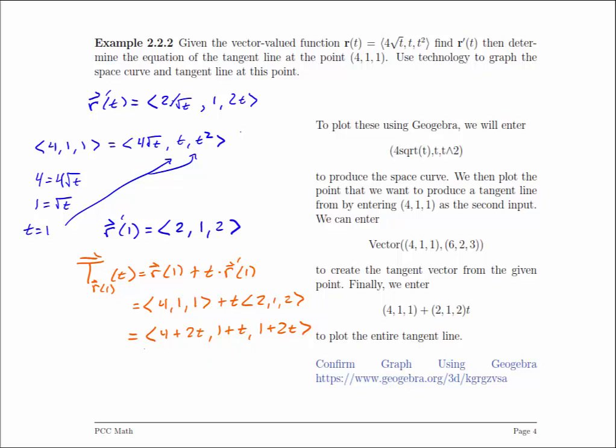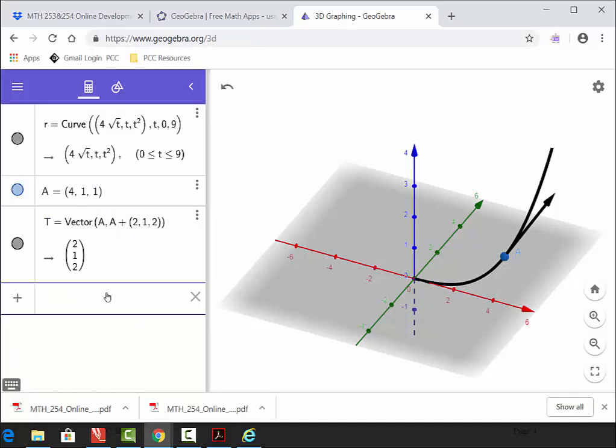Okay, so I'm going to take this and put this in as my next vector valued function. So I'm going to go here, and I can actually label it. I can say t sub r of 1, and I'm just using that subscript to indicate that that's the specific tangent line that we're looking at.